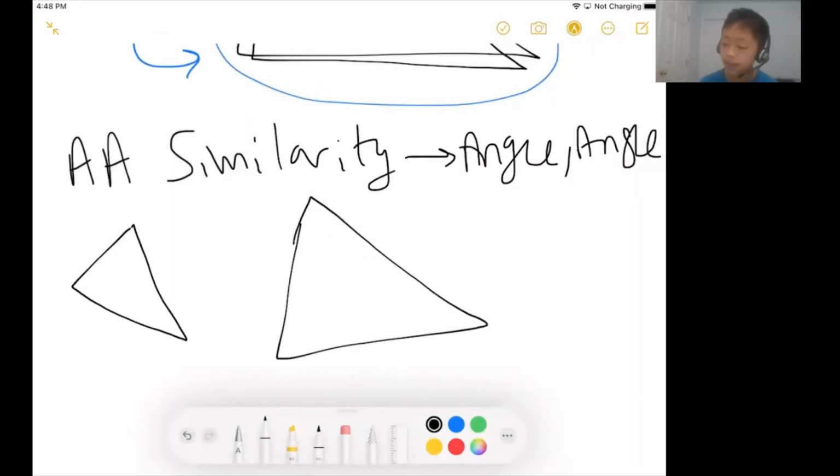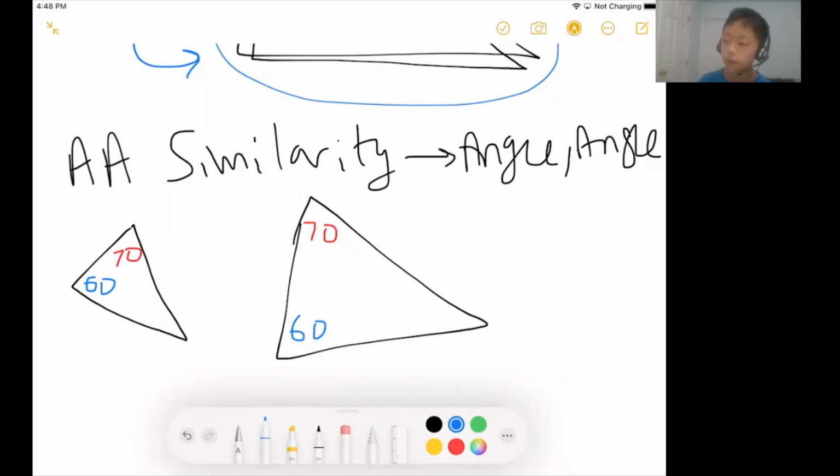For example, let's say in the first triangle, you know there's an angle of 70 degrees, and we also know there's an angle of 60 degrees. And let's say in the second triangle, we also know there's a 70-degree angle and a 60-degree angle. Then we can say these two triangles are similar by AA similarity.